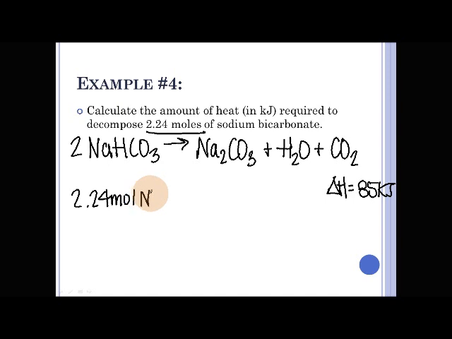And the sodium bicarbonate is the reactant. So then, we can use the change in enthalpy, the delta H, or triangle H, and this will help us to figure out the amount of heat. That's going to go on top of the next step.